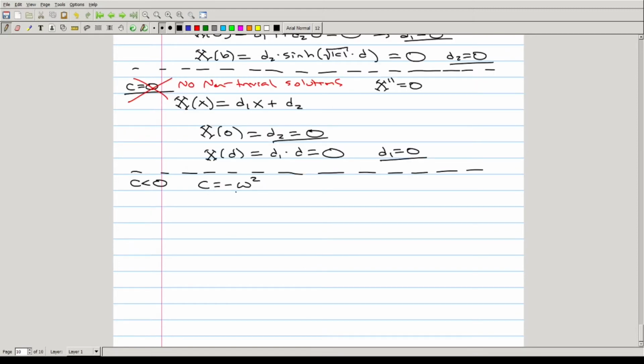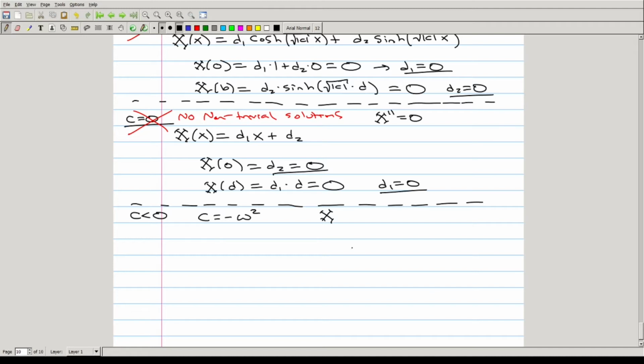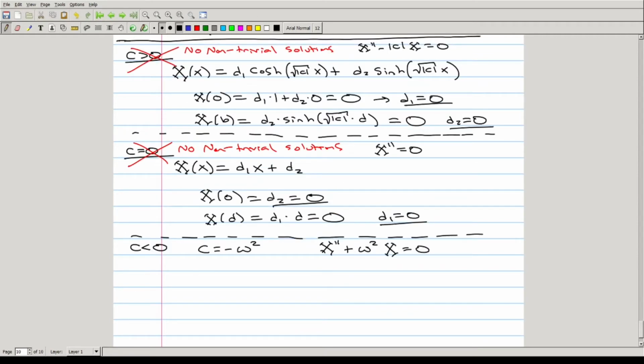And in the case of C negative, we have the differential equation x double prime plus omega squared times x is equal to 0. And I'll use omega squared up here as well, just to be specific.